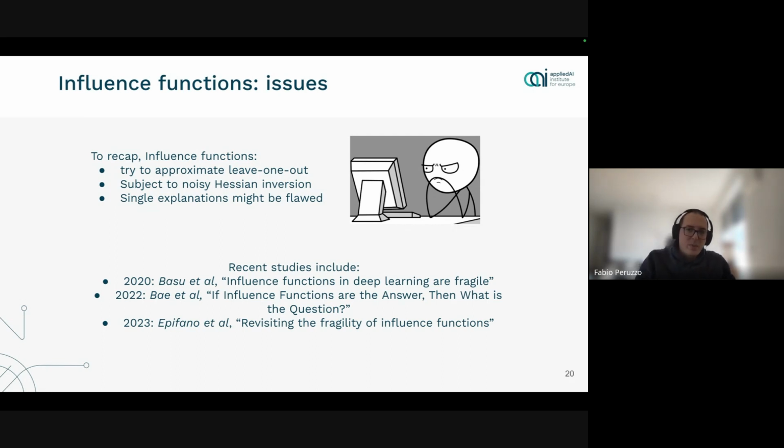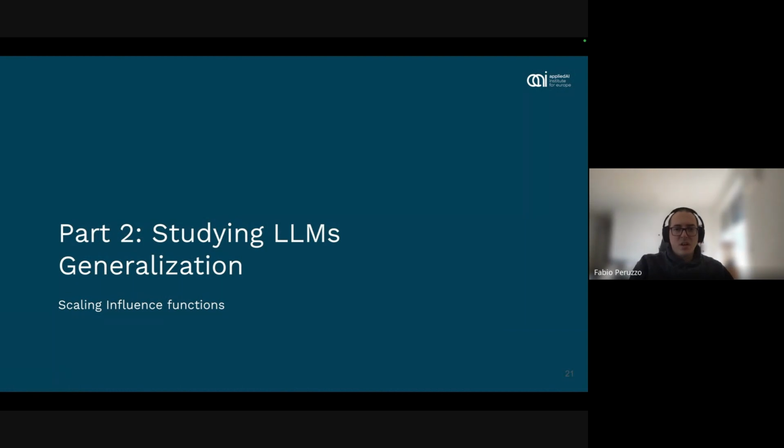But subsequent papers argued that they are fragile if you compare them directly to leave one out, but there are things that can be done, and some of the results that are obtained can actually be useful in practice. Very recently, new work has come out that uses influence functions in an effective way, although with some caveats that we will discuss in part 2, which will focus on the Anthropic paper.